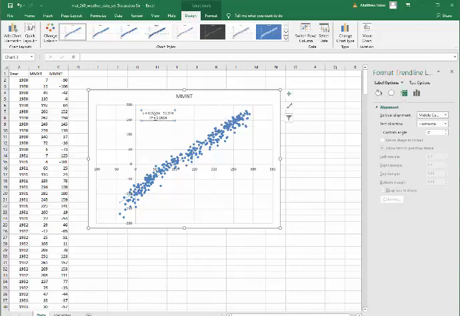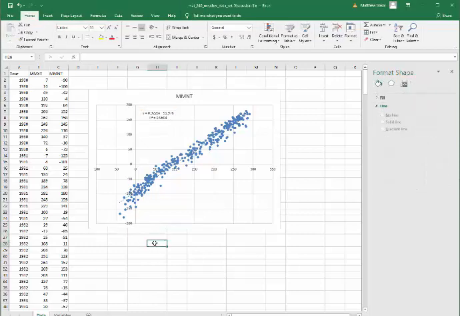Now this first part is your linear equation right here. So the regression equation is y is equal to 0.9226 times x minus 91.976. Now you just have to put it in terms of the variables.